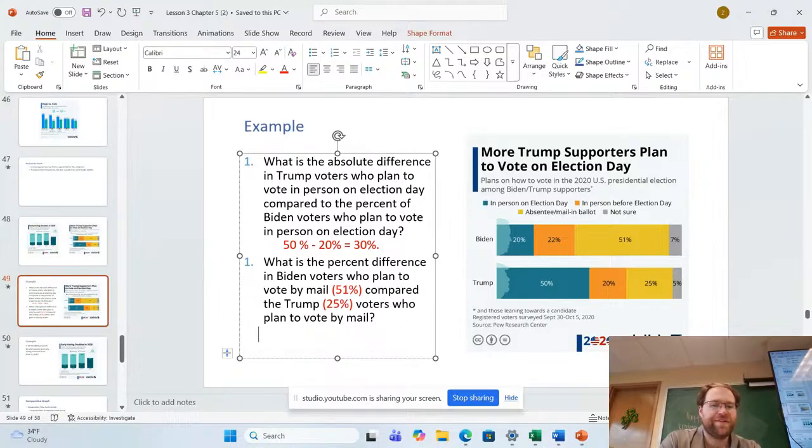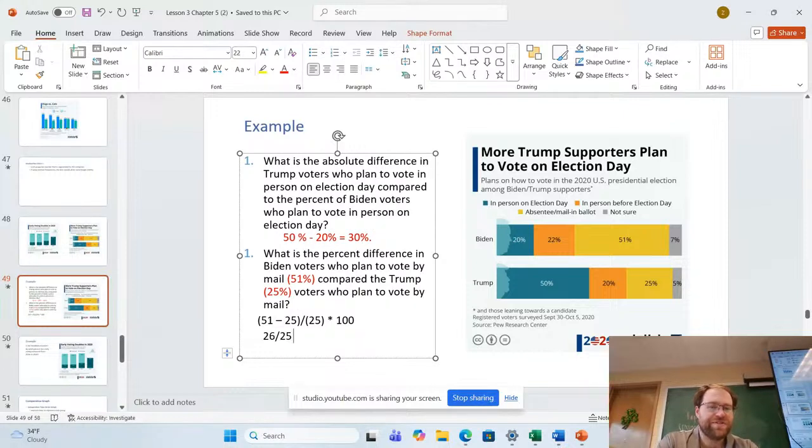So again, think new minus old over old. So new value is 51, old would be 25. Times 100.